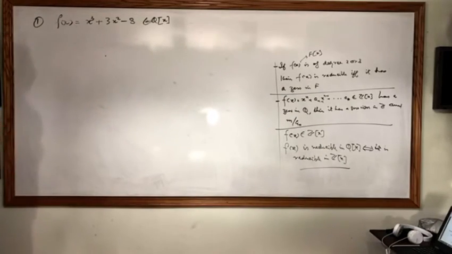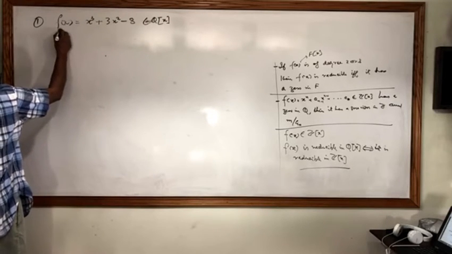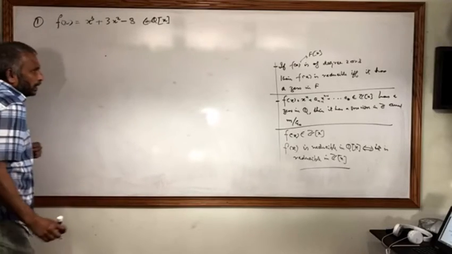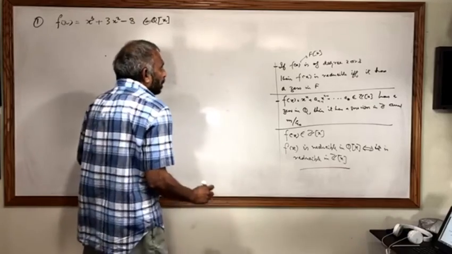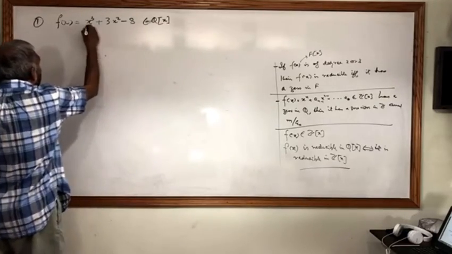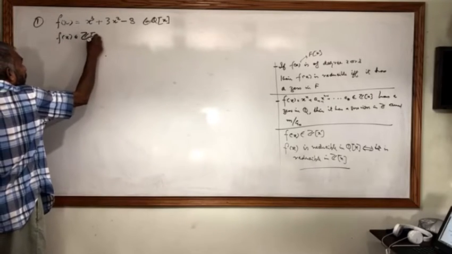See this, first of all, this polynomial is of degree 3, and that falls into this. And another thing is f of x here belongs to Z of x.